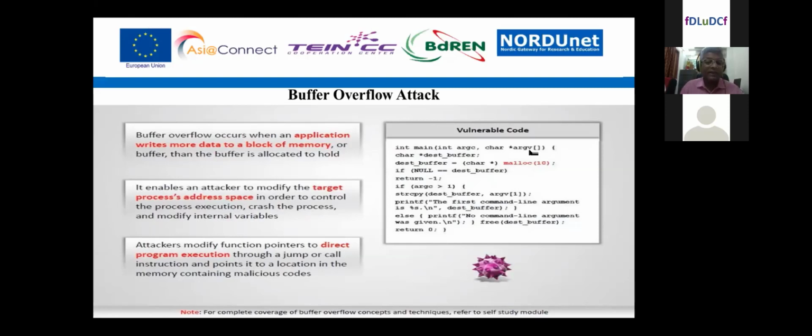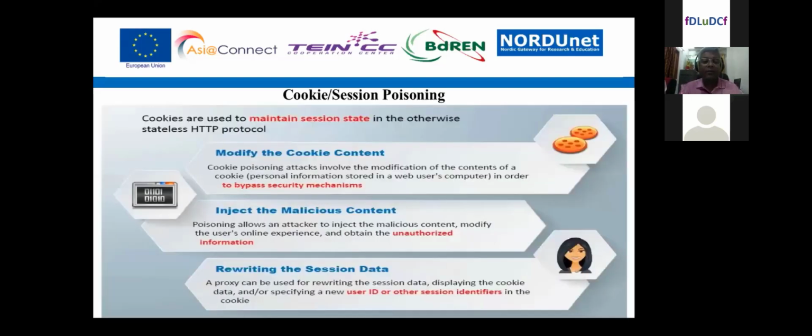So the attacker can control the size of the buffer and modify the internal variables, and then definitely make a buffer overflow. The attacker can also use a function pointer to direct program execution through a jump call, and at the same time control the jump with this vulnerable code. So this is the buffer overflow.